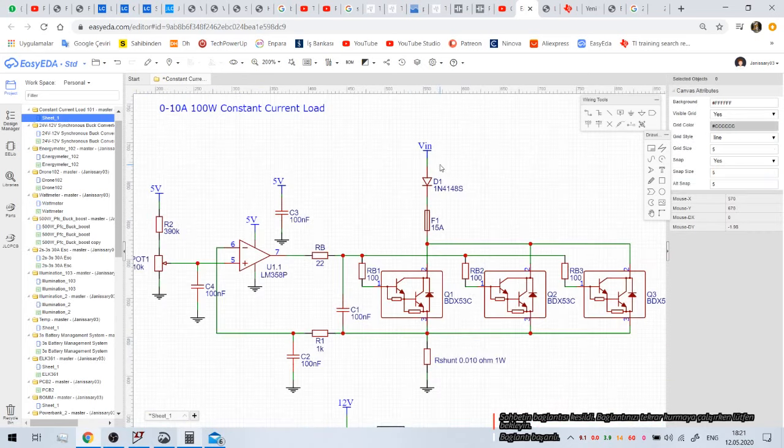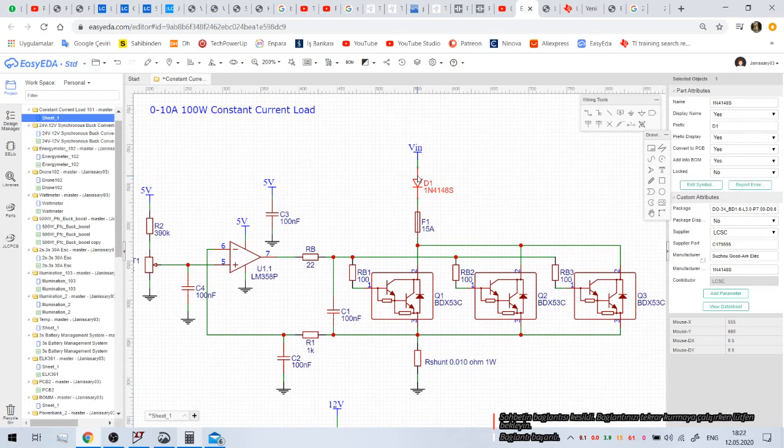Yes, you can do it like this, but if it is a Schottky diode, the diode voltage drop will be very much. I can say it can be 0.5 volt. If 500 millivolts and 10 amp is going, there's 5 watt power loss. We don't need this.